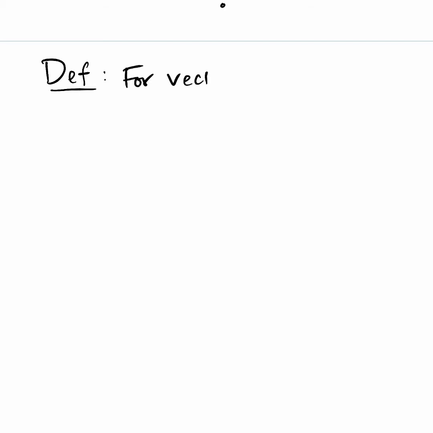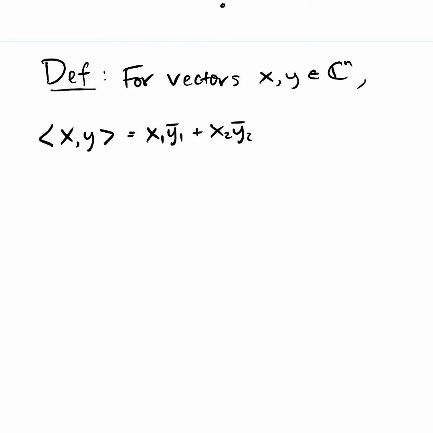For vectors x and y belonging to Cn, the inner product of x and y is nothing other than x1 times y1 conjugate, plus x2 times y2 conjugate, plus dot, dot, dot, xn times yn conjugate. Typo, fix that up. Subscript n, yn conjugate.